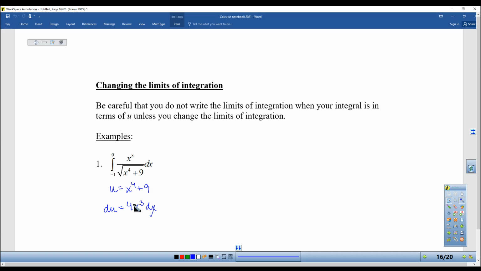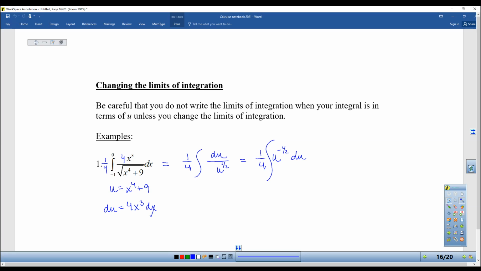I don't have a 4, so I'm going to put a 4 in the problem and a 1/4, which means now I can rewrite this as 1/4 the integral of du, the 4x cubed dx is my du, all over u to the 1/2, which of course isn't helpful. So I'm going to switch it to u to the negative 1/2 du.